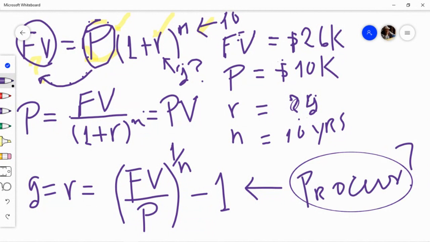I mean, what process brought us to this end result, right? Just giving you the end result is meaningless, because that's just like throwing the formulas at you, and memorize, right?